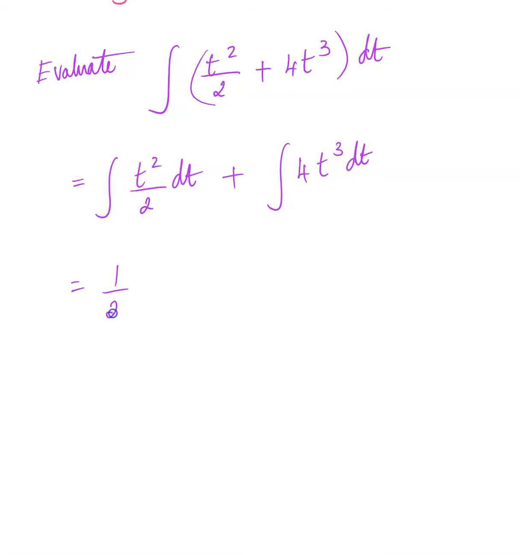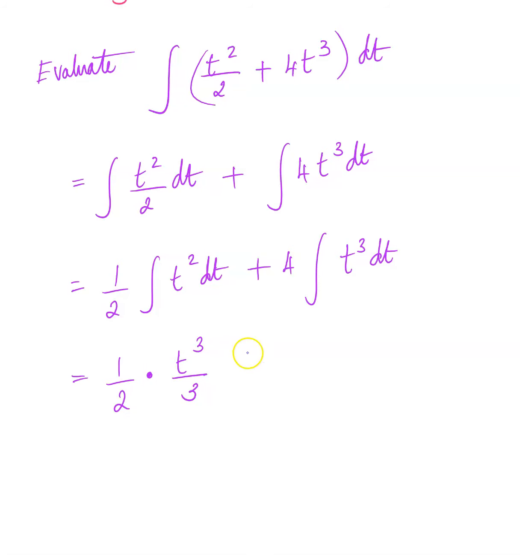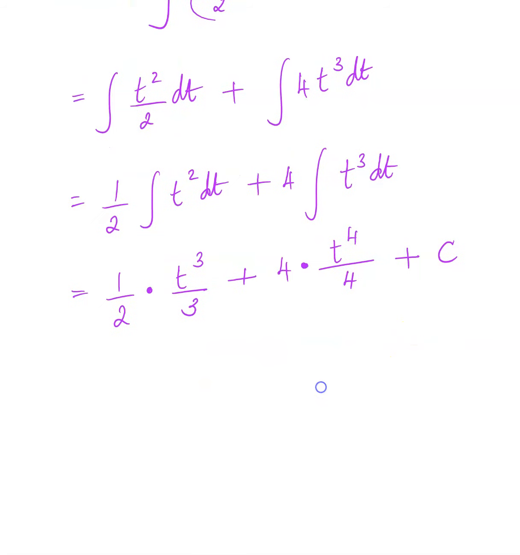One more step where I pull out the constants. And so I have half times t cubed over 3 plus 4 times t power 4 over 4 plus a c, because I know there's a c1 and a c2, which will combine to give me a constant. So that will be t cubed over 6. The 4's cancel off, giving us t power 4 plus c.